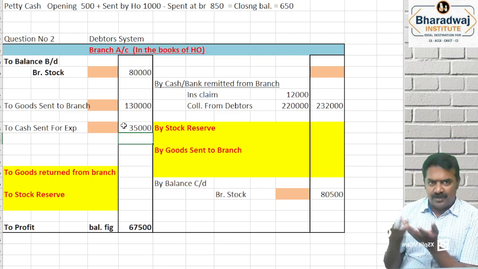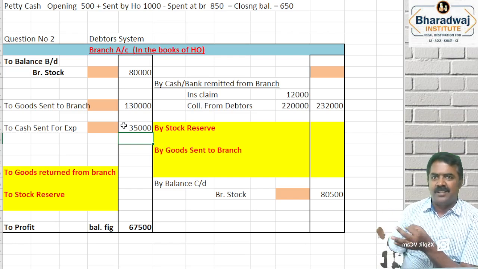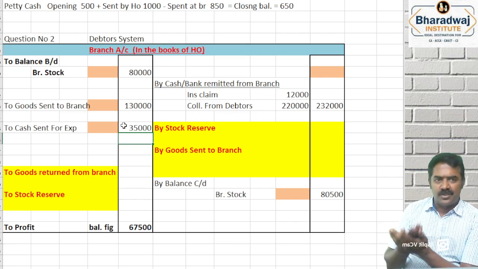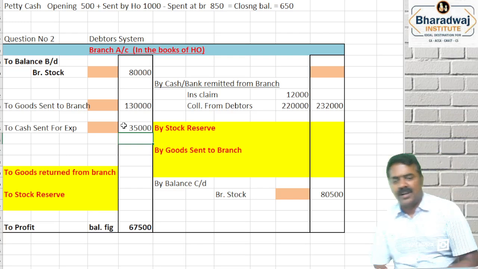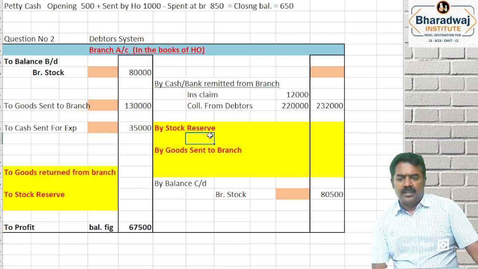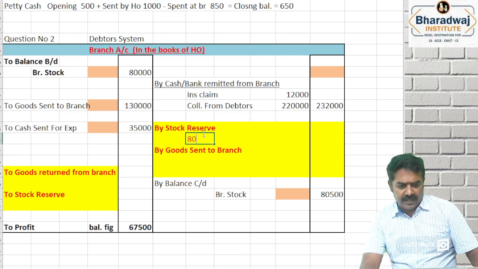Based on the data, opening debtors is not available, closing debtors is not available, sales returns, discount, nothing is available. So whatever we sold, we collected. All credit sales is collected within that particular period. So let us remove the stock reserve. On the opening stock, 80,000, 1/3 on cost will be 1/4 on sales.